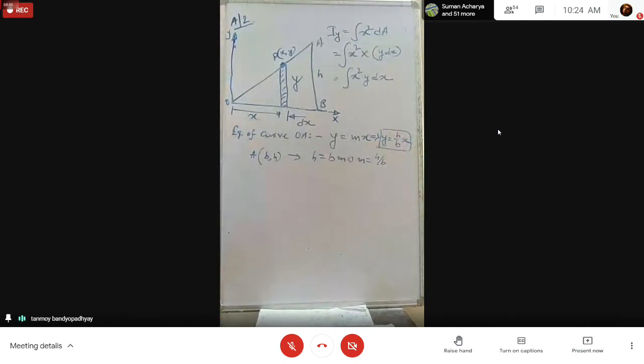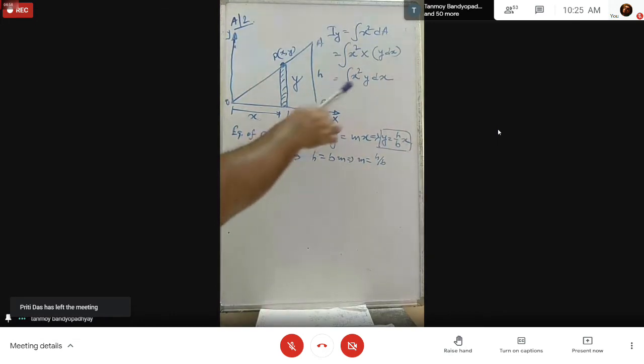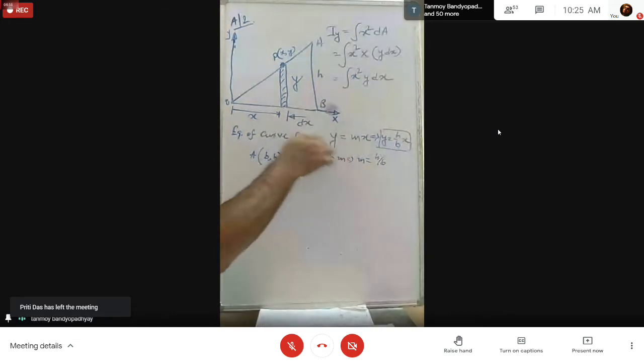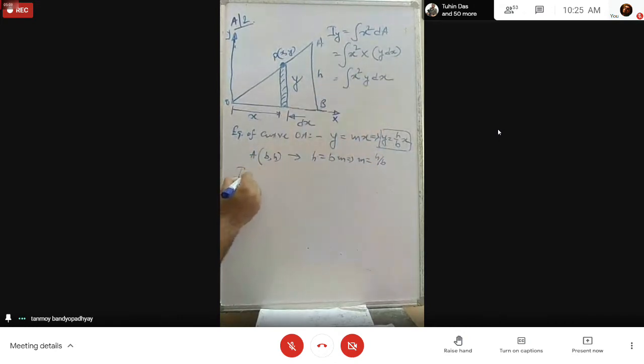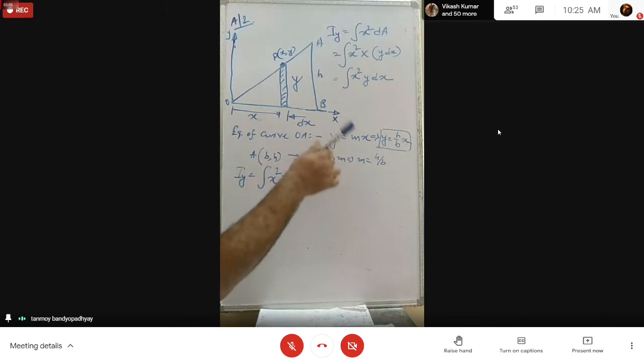Since this point P(x, y) lies on this curve OA, this x and y must satisfy the equation of the curve. So we can replace y. So Iy will be equal to the integration of x square into y dx.